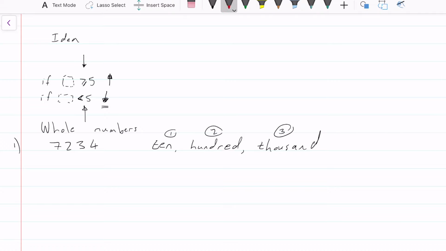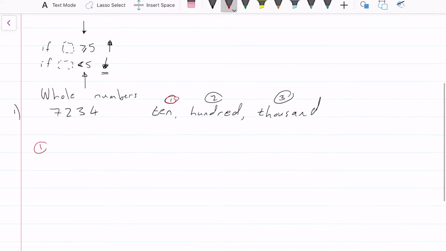Looking at 1, we need to go to the 10 value, so we are here, and we look at this value here. We are looking at the 4. 4 is less than 5, so we keep 3, and the next number becomes 0.